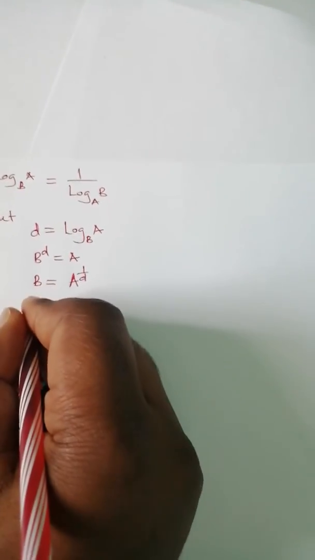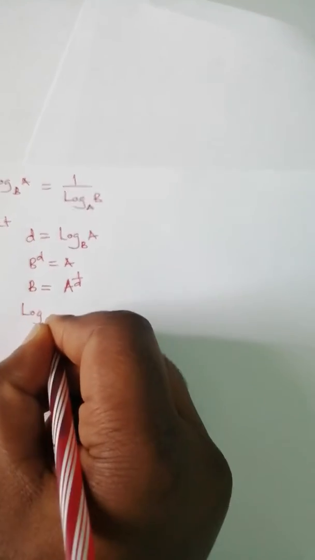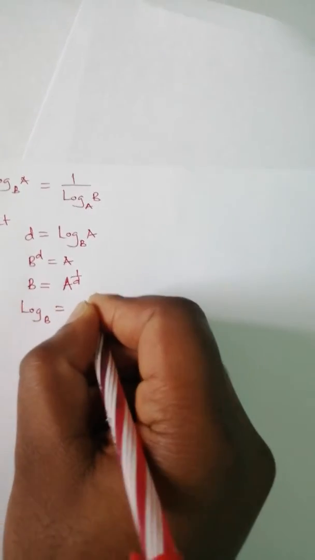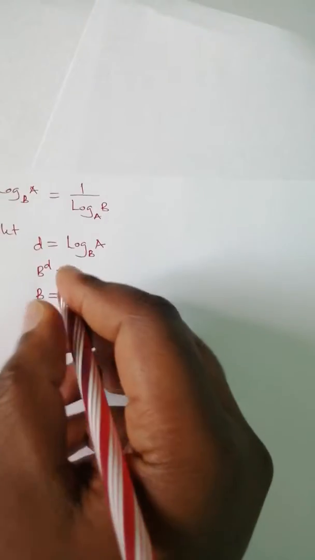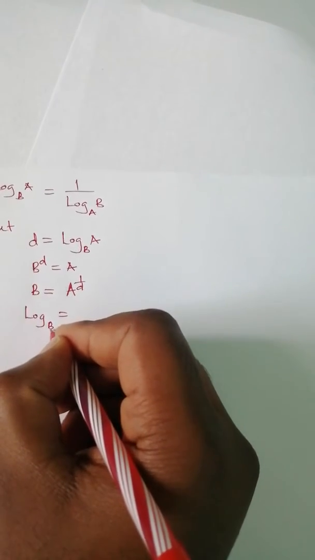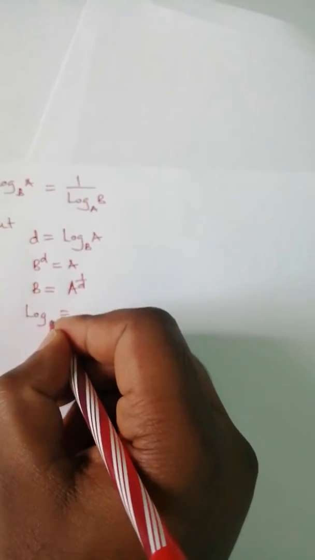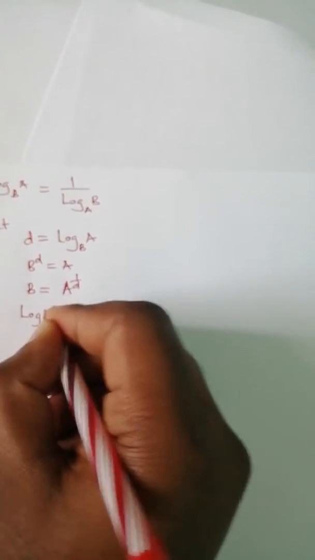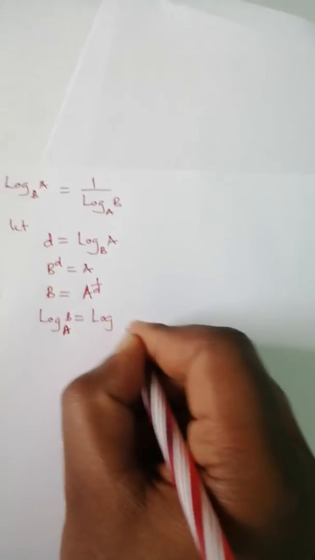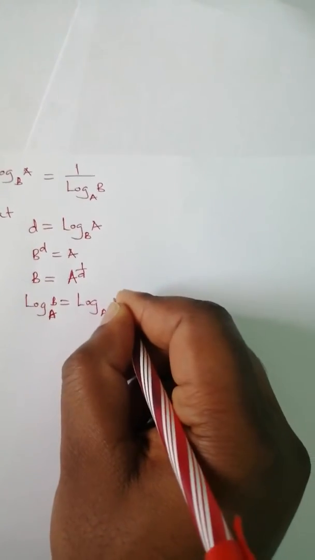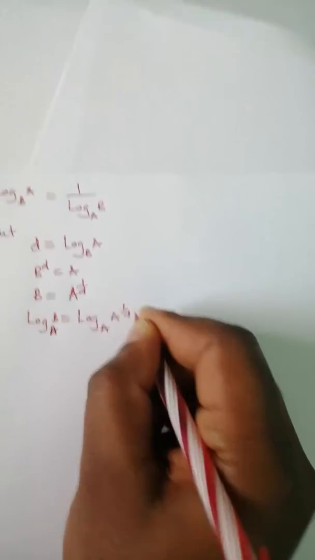So we shall have log b is equal to, let's say we introduce log to base a. Log b to base a is equal to log a to base a raised to power d.